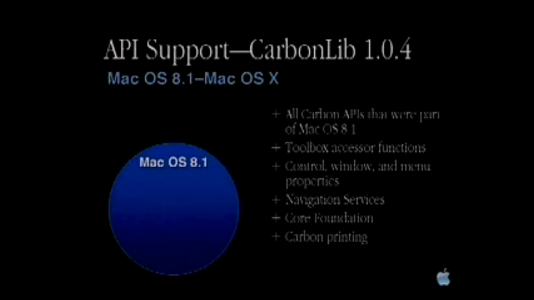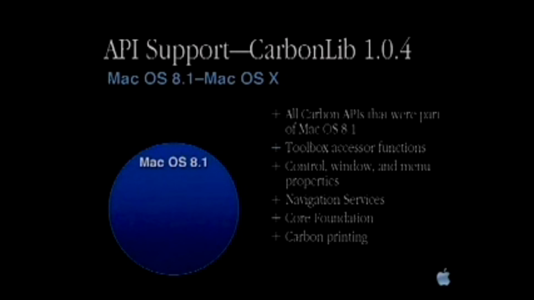If you look at the first CarbonLib, and the first APIs for Carbon, it supported all the Carbon APIs. If you look on different OSs, there will be subsets of the API. The first OS that we supported, Mac OS 8.1, will have the least number of Carbon APIs supported. Why is that?